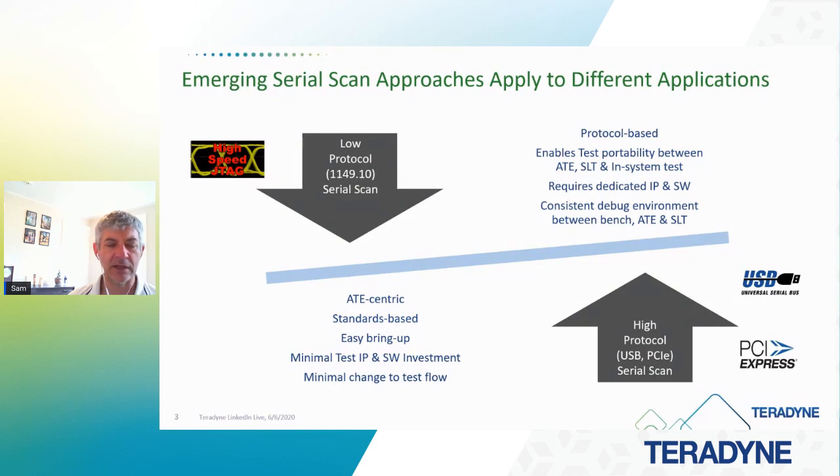It requires dedicated IP and software. From an IP standpoint, you're often effectively integrating the test controller with a piece of relatively complex system IP like a USB controller or a PCIe controller. But it does provide this consistent debug environment between bench, ATE, and SLT.